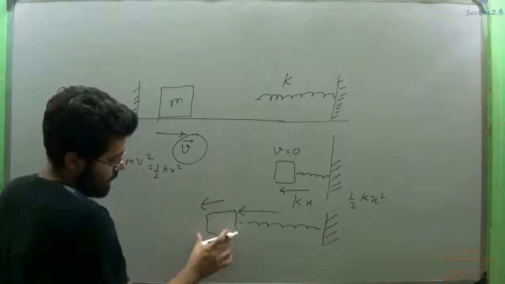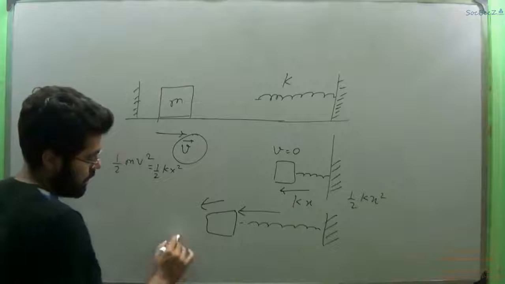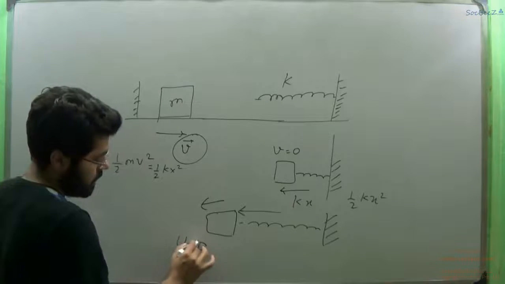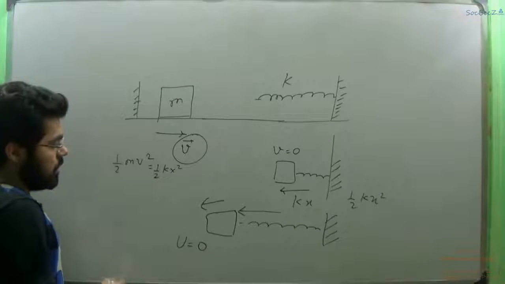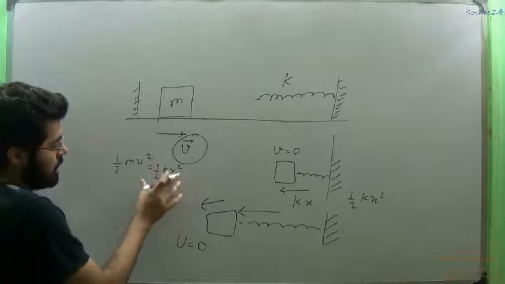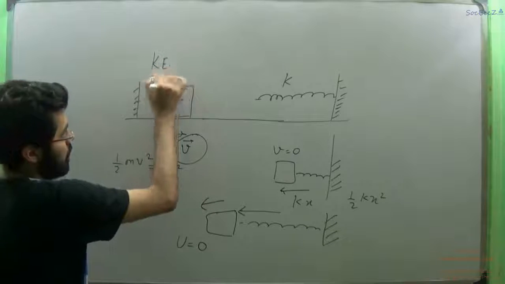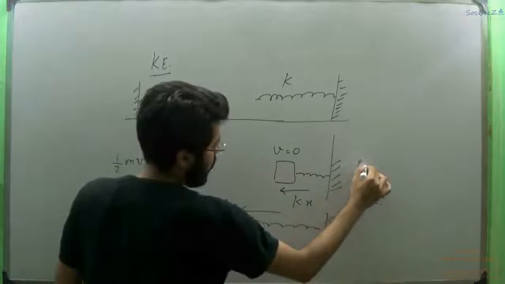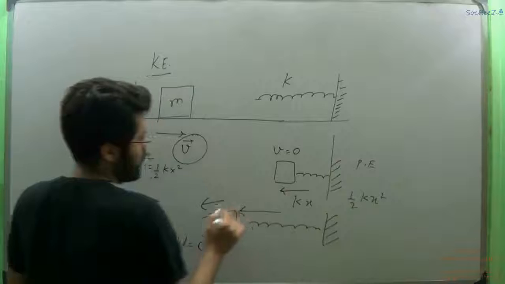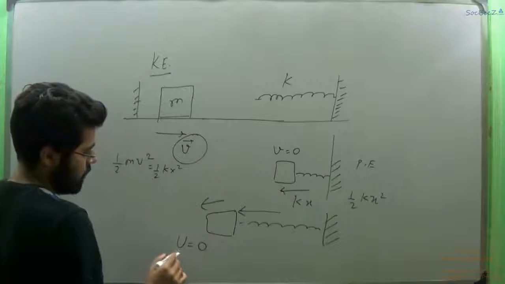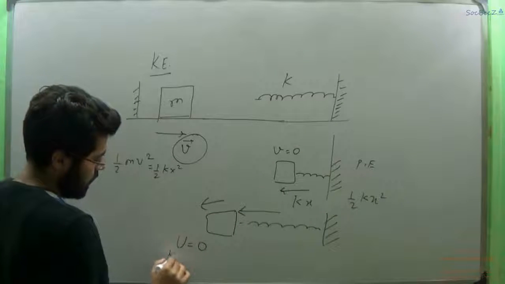So when it is back at its natural position, then again the potential energy will be 0. So in the first moment only kinetic energy, second moment only potential energy, third moment also it will be only kinetic energy. The potential energy will go to 0.